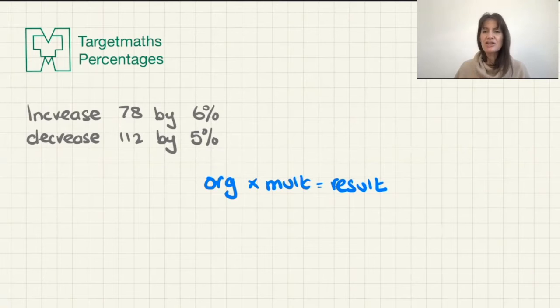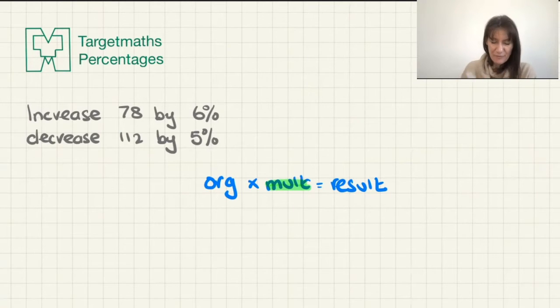And percentages are generally on the calculator paper, certainly the more complicated ones that we're going to be looking at. So our main job is the multiplier. If I don't know how to write a multiplier, then I'm not going to be able to just pick my calculator up and get the answer very easily. So the multiplier is where our work comes in, okay?